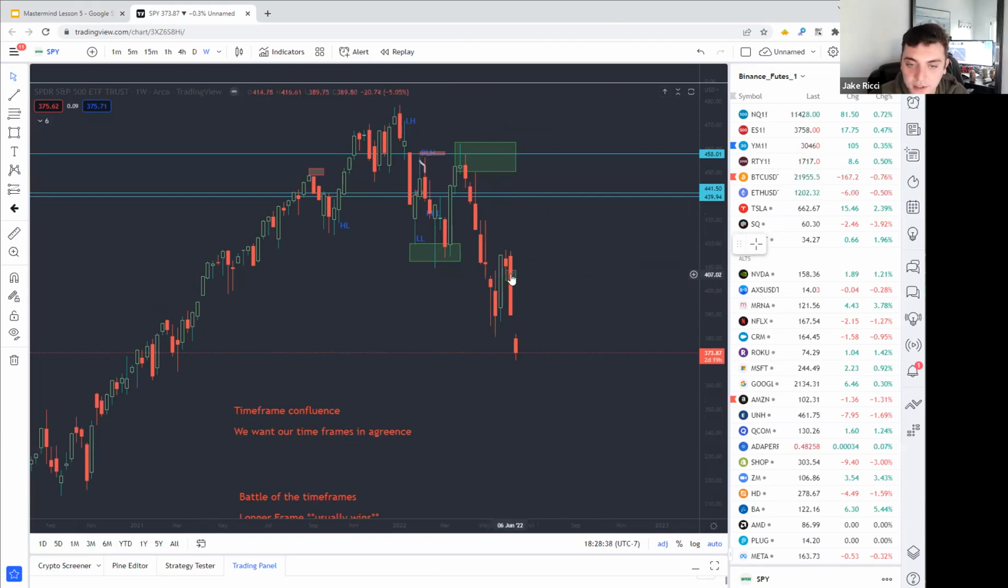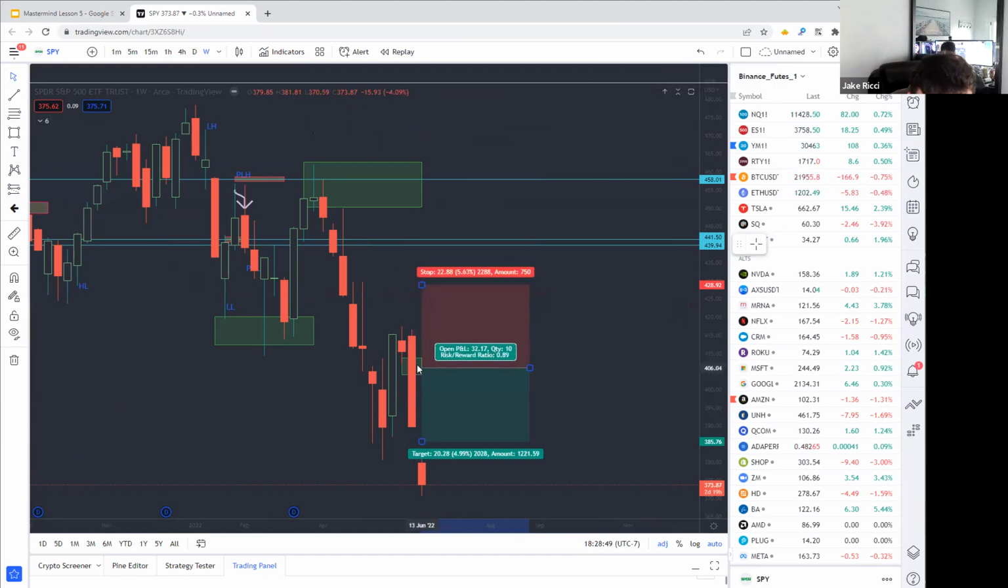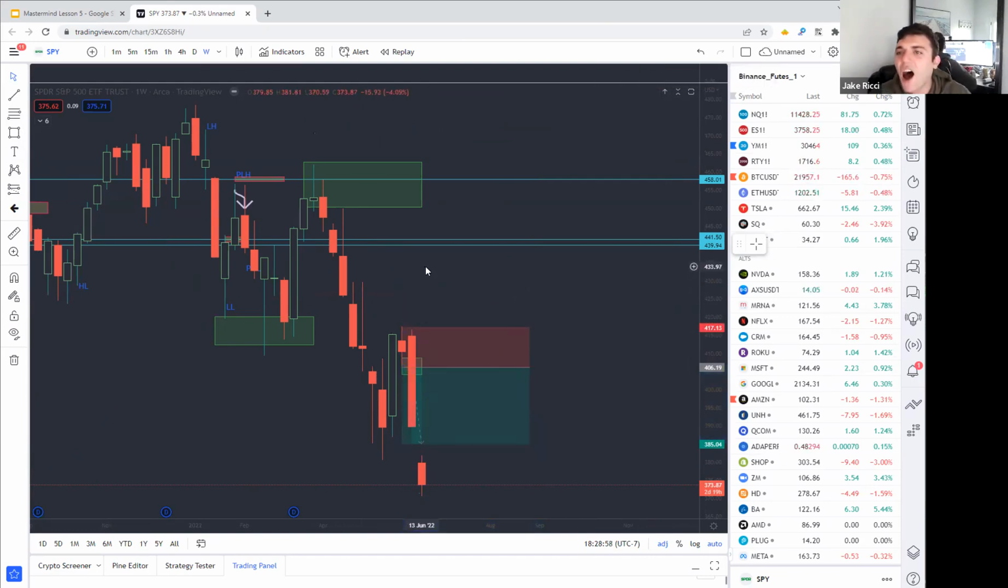Very clean weekly sell setup trigger right there. But are we going to enter a day trade with an entry with a break below 406 with a stop above 417? No, right? No, absolutely not.